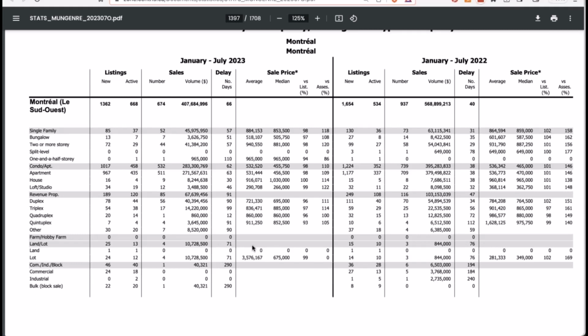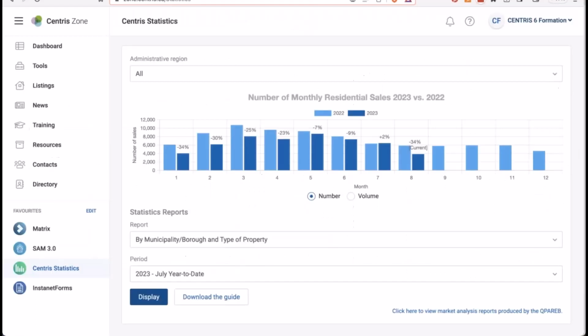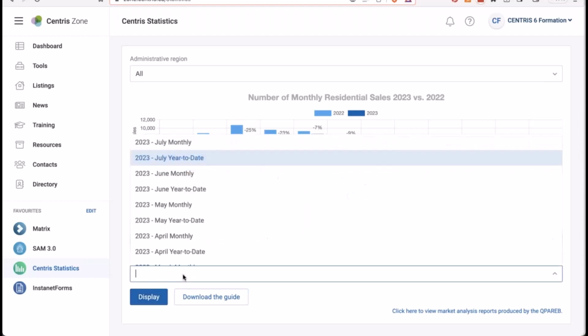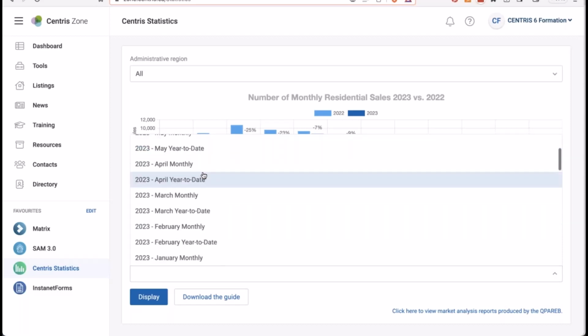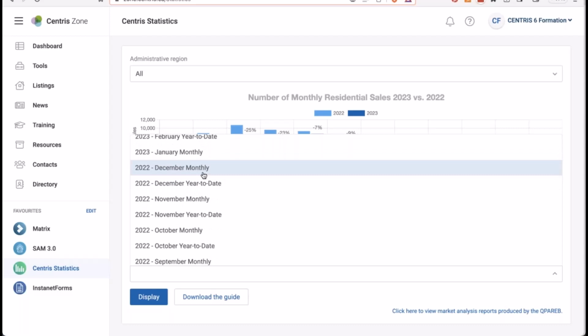All right, somebody else is asking me, can you choose your time length, say last 6 months? So here, these are all the different periods that are available. So you can do year to date and monthly, and for the different years. Arthur will be able to do that in Matrix in the statistic tool.